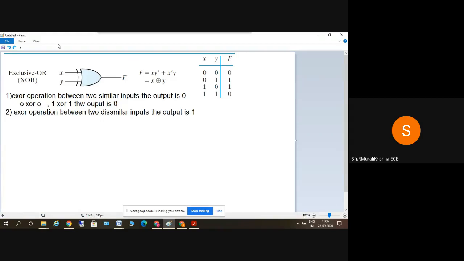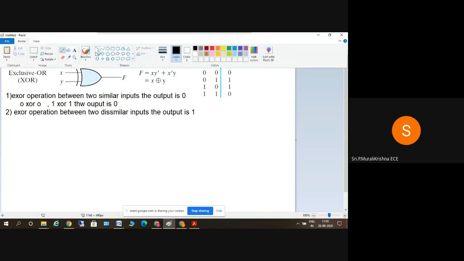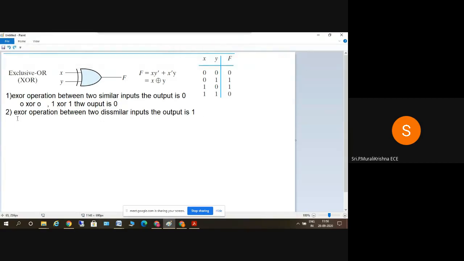Now I'll tell you one more property here. If I have X here, and if I want to perform the XOR operation with 0, what is the result? And X XOR of 1, what will be the result?